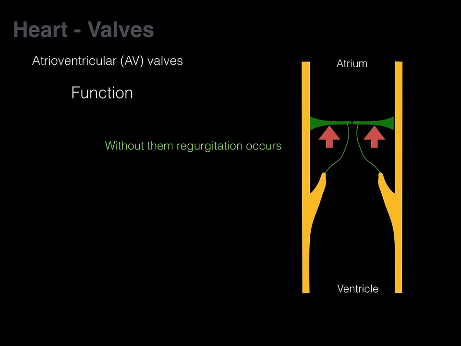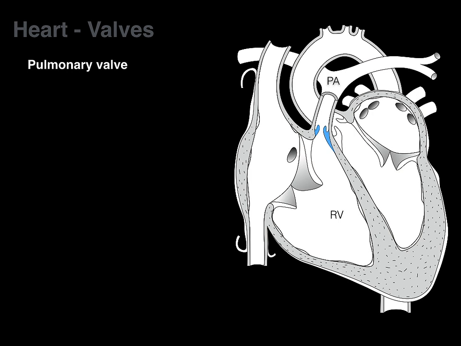See that? Without the chordae tendineae, regurgitation occurs. So watch. We take away one of those chordae tendineae, and when the blood pushes up against the valves, the valve leaflet prolapses and blood can move from ventricle to atrium, causing a lot of problems.